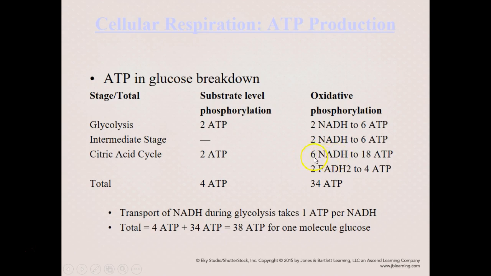So that's where we're getting this 6 times 3, 2 times 3, 2 times 3, where we're getting these numbers. So in the end process, we make about 36 to 38 ATP for the complete oxidation of one glucose molecule.